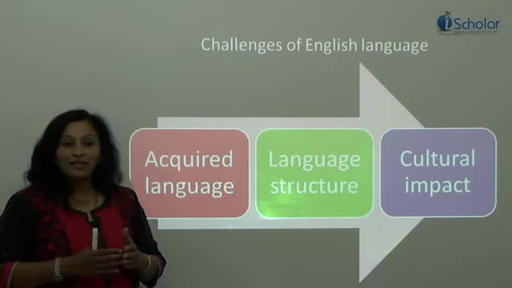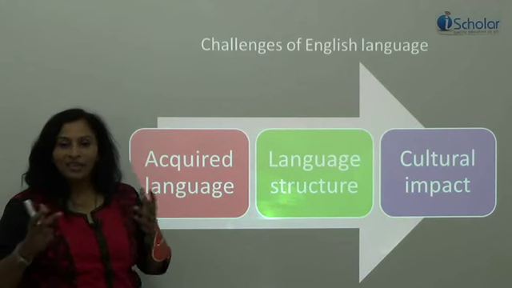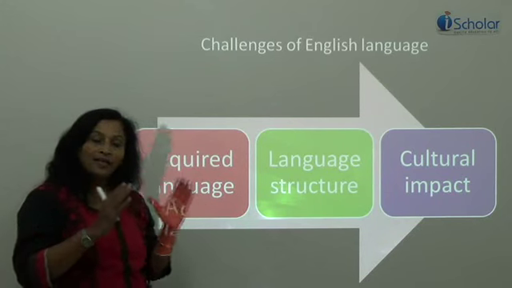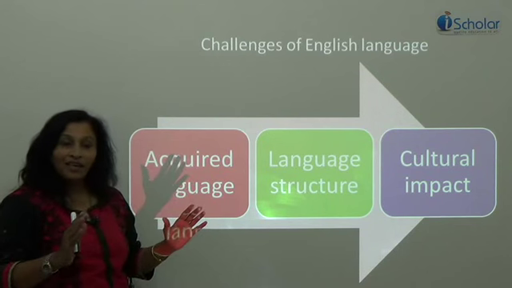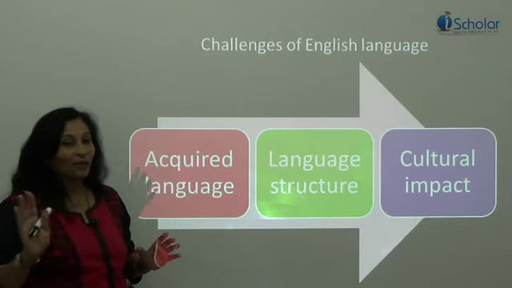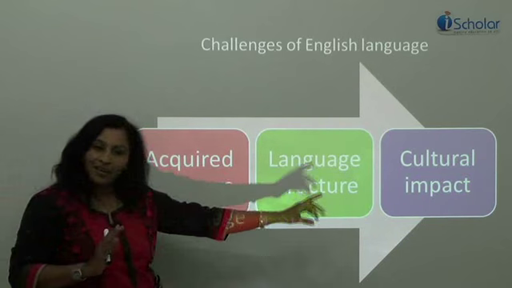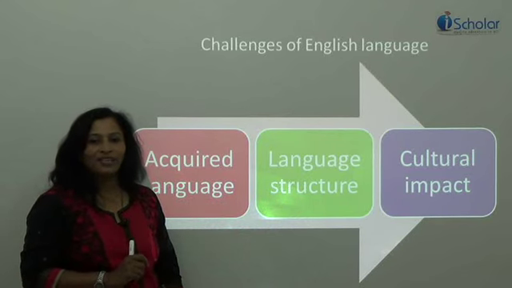Correct? Which means when the sun is shining, when everything is so good, make the best of that advantage that comes your way. Now for an Indian, this complete saying is out of context. For an Indian, sunshine or summer is not a very pleasant memory. Correct? So there is always the cultural impact also that we need to keep in mind when we do the English language.